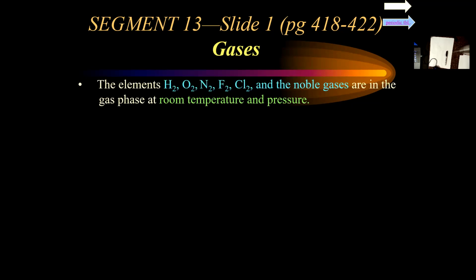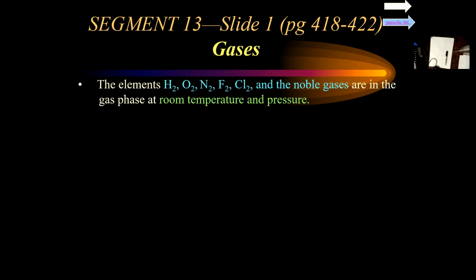I bet you know one of them. One of them is a liquid metal, and you probably know mercury is the only liquid metal. You might not know that the liquid nonmetal at room temperature is bromine.